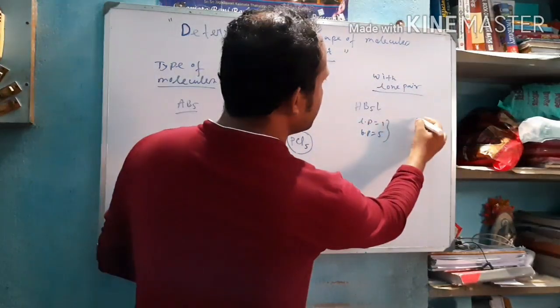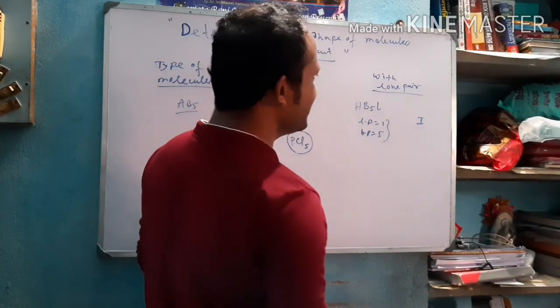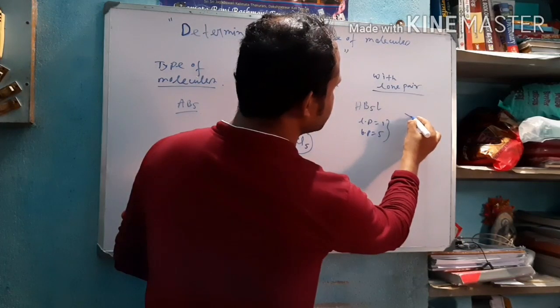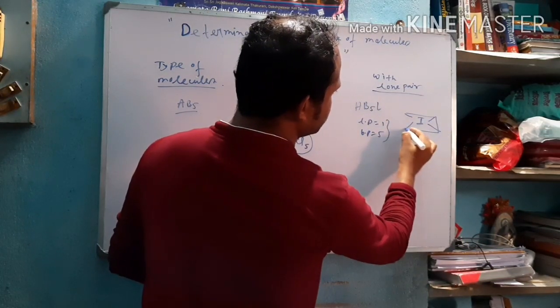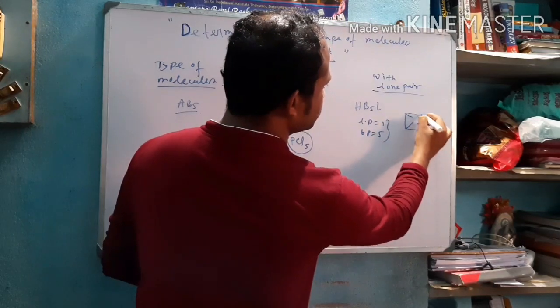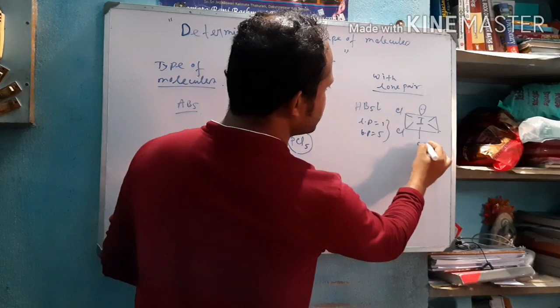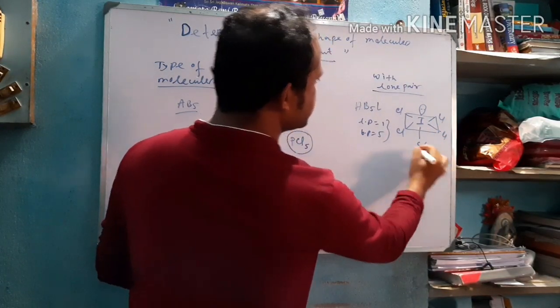So you can predict the structure AB5 with one lone pair, this type of Cl, Cl, Cl, Cl, Cl, that is ICl5.